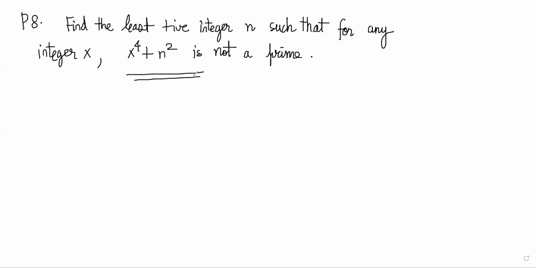Now think about it. We have to find the smallest integer n such that for any integer x, x power 4 plus n square is not going to be a prime number.